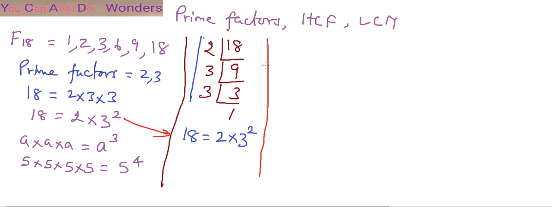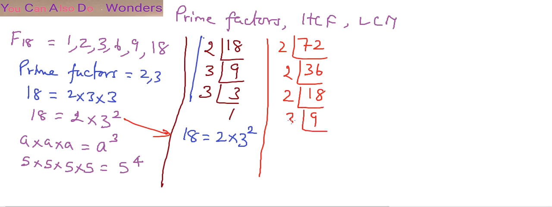Let's take say 72. This is an even number, so it's divisible by 2. 72 divided by 2 is 36. You can divide this by 2, we get 18. This is divisible further by 2, so it's 9.